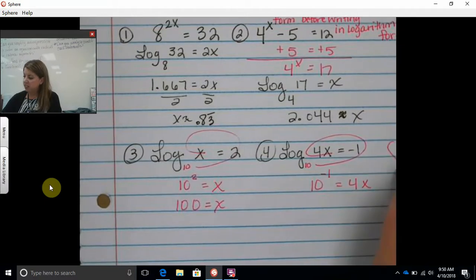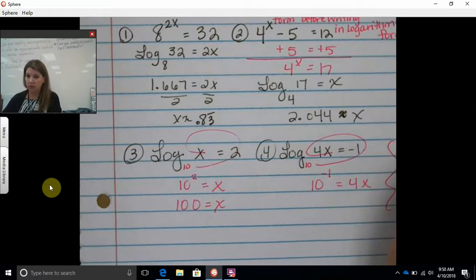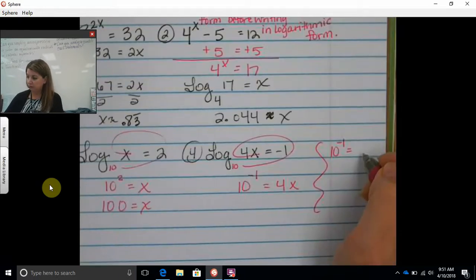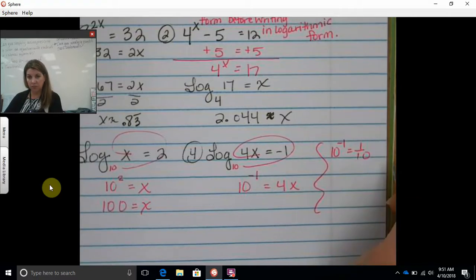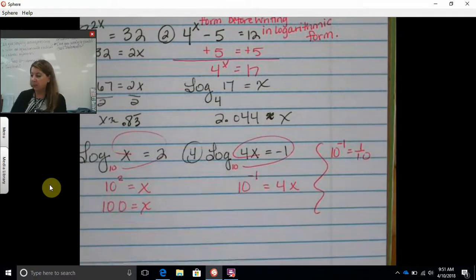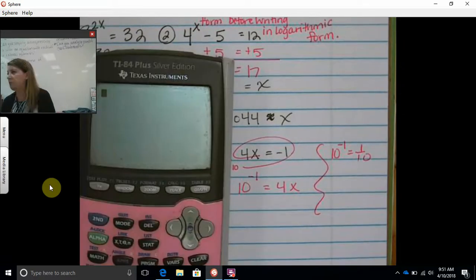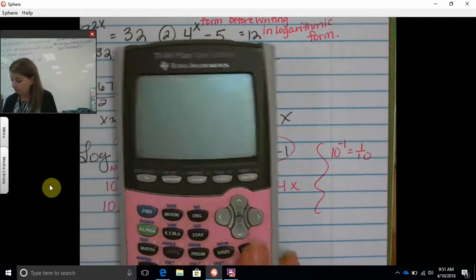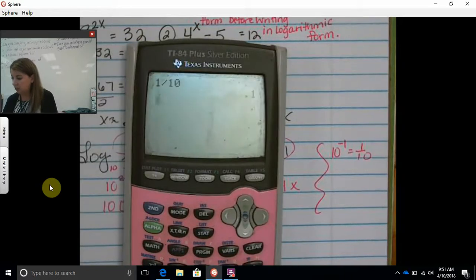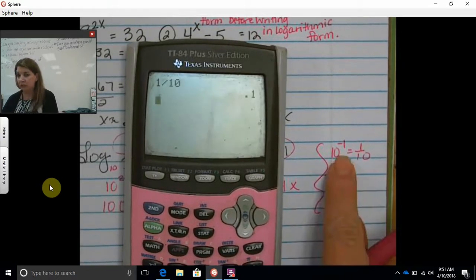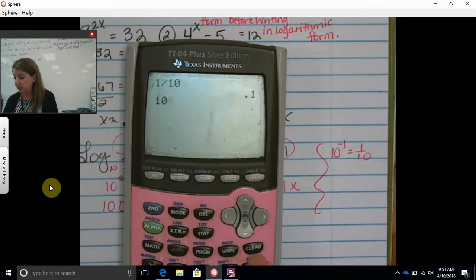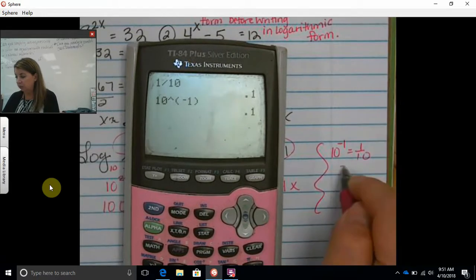Hold on, over here. 10 raised to the -1 is the same thing as what? One-tenth, right? 10 to the first, it'll be 10, but because it's negative, it's 1/10. So I'd probably just change that to a decimal. 1 divided by 10 is 0.1. You could have just put it in your calculator to begin with: 10 raised up to the open parentheses -1 and got 0.1.